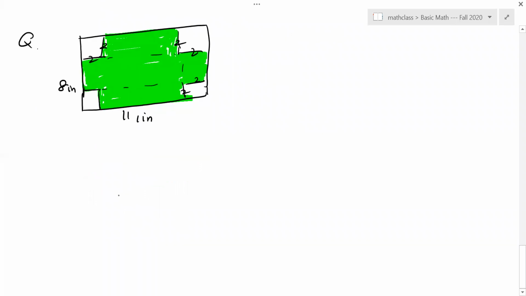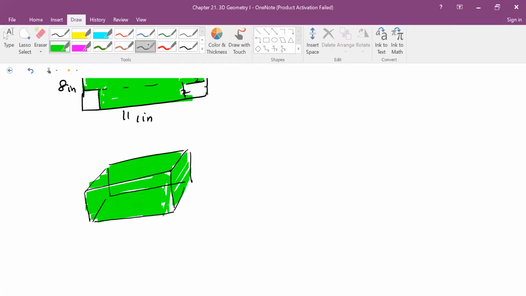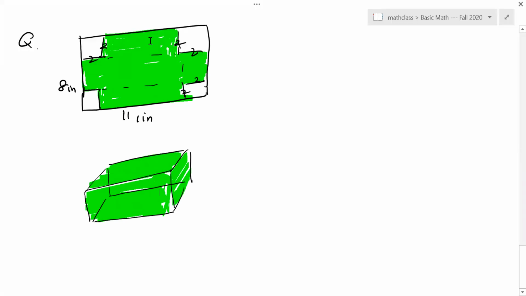So what I got here is a box. Let me color it. So this is a box we made from this paper.